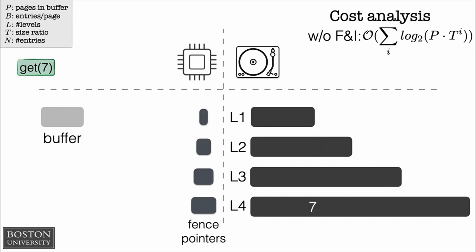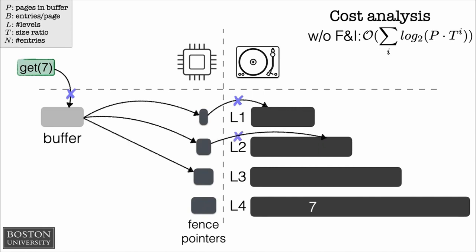So now, instead of performing our binary search on storage, we'll go to the fence pointers, do the binary search in memory, and then go to the single page that might contain value 7, if that exists. And even if the value 7 does not exist, if a page contains the range that contains 7, we'll still have to fetch this page and check whether 7 is there.